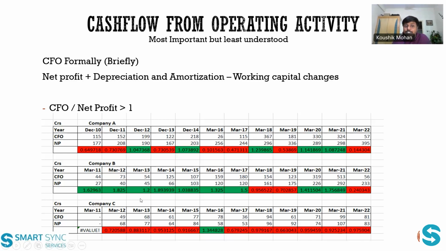By just looking at this formula and company C, we can understand there is some problem in working capital changes. So we have to dig into their working capital changes a lot and understand what the problem is. Is it a payment problem, a receivable problem, or an inventory problem? We have to get very clear clarifications on working capital, and only then can you look at C as a potential investment.